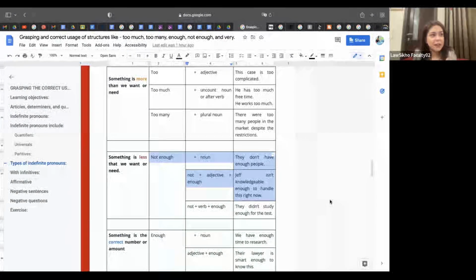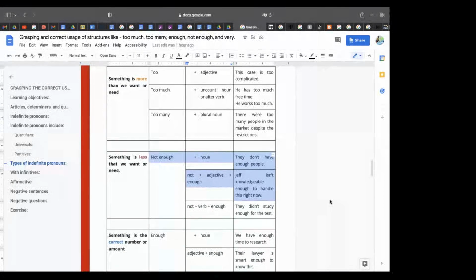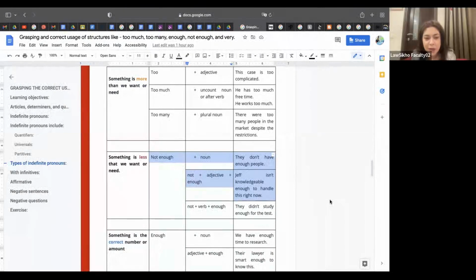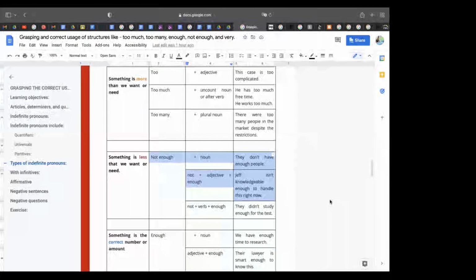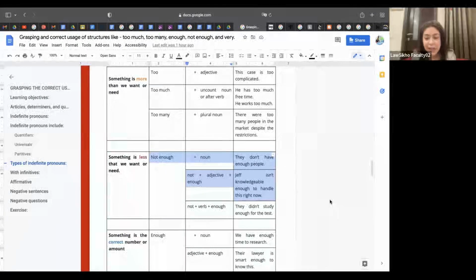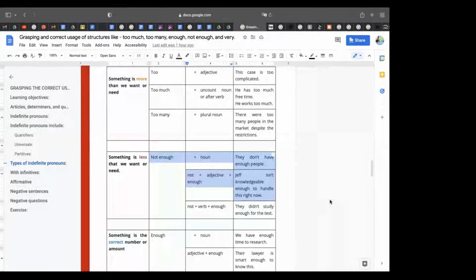Like I can say there are very cars on the street. No, wrong. Ma'am, very is used with an adjective. Give me an example, Ashi. Like, this is a very good book. Mm-hmm. Thank you. Anything else? Very comes before an adjective.